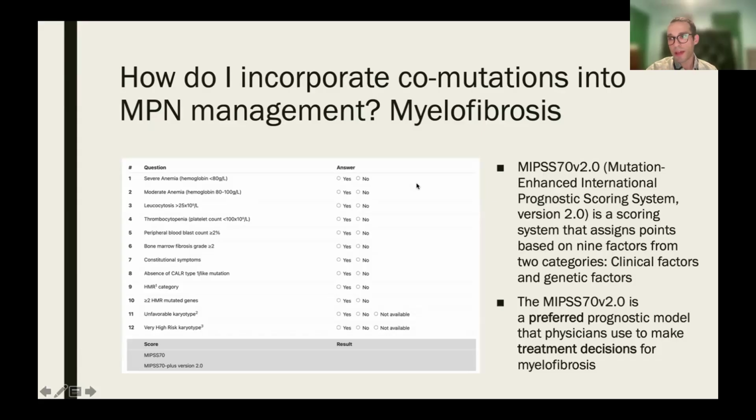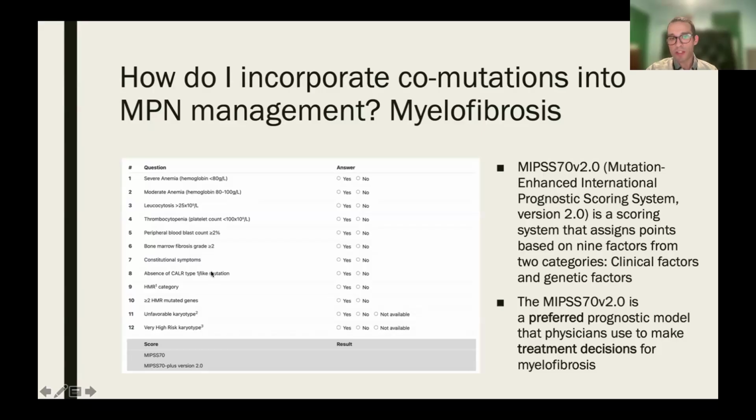So I'll put that PSA at this point of the talk, but this is probably the most common scoring system that is used nowadays, especially in academic centers, for myelofibrosis. It's called the molecularly inspired prognostic scoring system. It incorporates not only the presence of anemia or high white blood cell count or low platelet count, but you can see that about half of these variables in the scoring system are actually genetic factors, right?